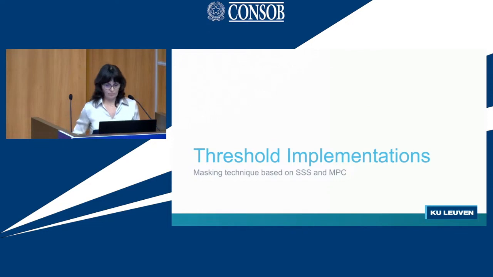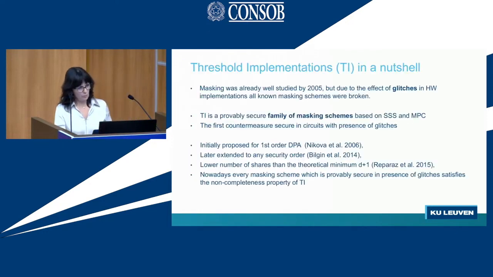So, in 2005, I think, there was a paper that actually showed that all the masking schemes that were available at that time were broken when we consider hardware implementation. It had been discovered that the sharing, the masking, doesn't work. And then in 2006, we proposed this other way of doing masking, in a way that the adversary cannot have an advantage, even when glitches are present.